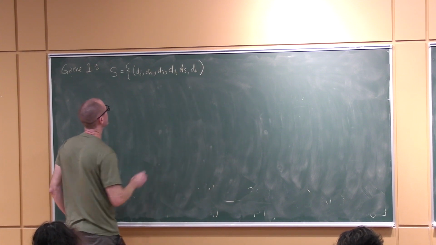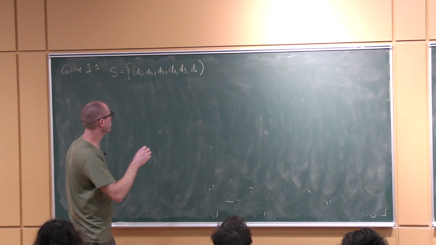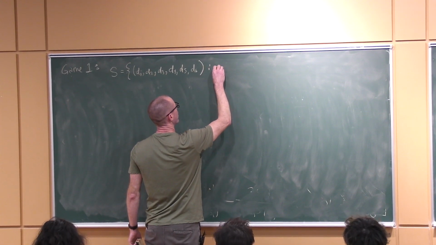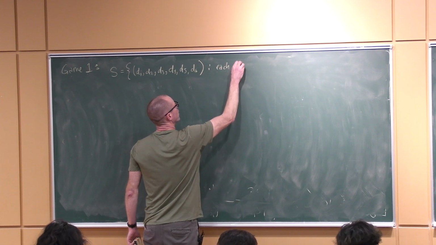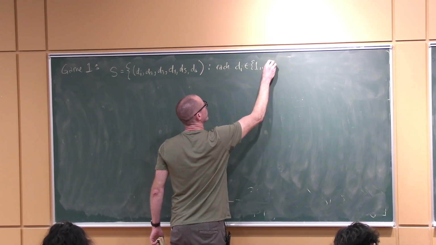Each element in our space has 6 coordinates, where each Di is in the set 1 through 6.